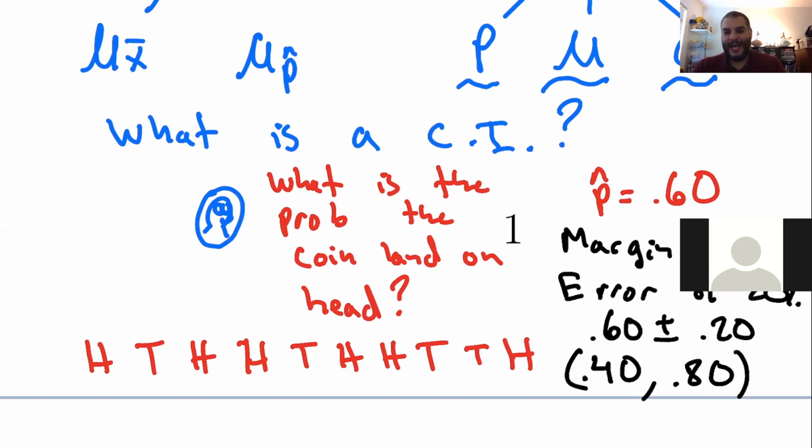In a little bit, we're going to talk about a point estimate and margin of error. You need a point estimate and margin of error to help you construct the confidence interval. The margin of error was 20%, but I used that 20% in order to get the confidence interval. Technically, this is our confidence interval.